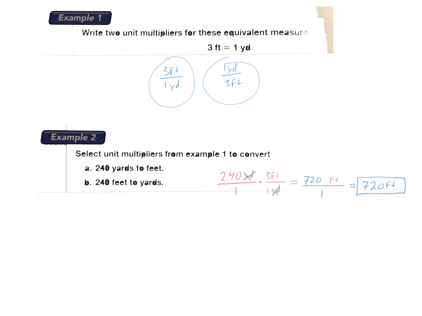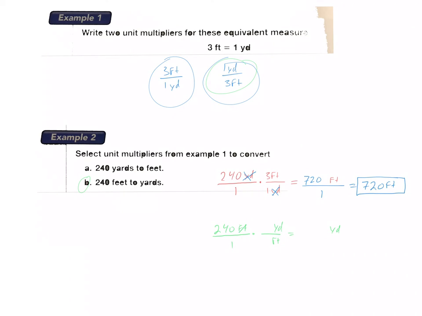Now for the second one down here, I have 240 feet. Again, you can put this over 1 if you want. Whenever I multiply, I'm going to now pick the second one, because again, I want those feet on the bottom and the yards on the top. So my answer will have yards in it on the top. And I have to put the feet on the bottom, so it will reduce with the feet up there.